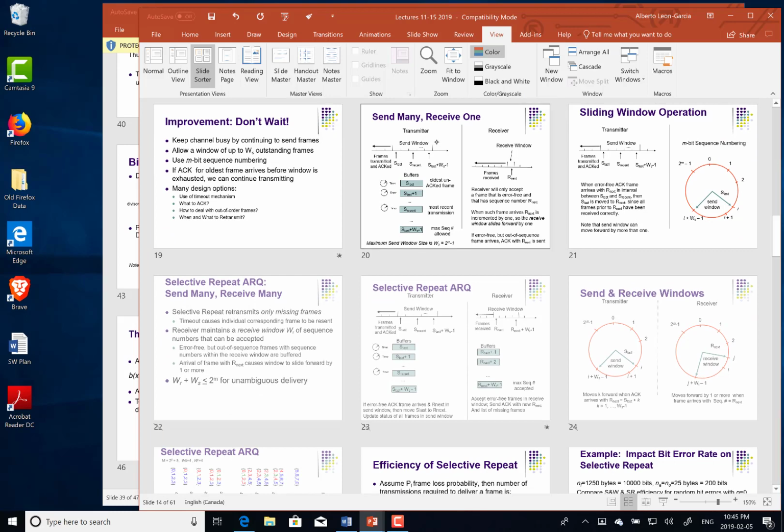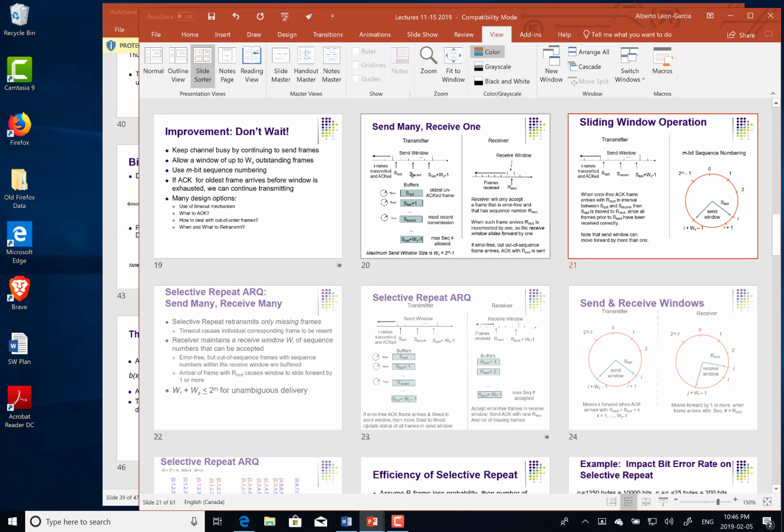And so what you have is a send window, a set of numbers that you're allowed to use, and this moves kind of like a wedge of a pie that slides forward as you get acknowledgments. When you get an acknowledgement, this guy says, okay, got this, this moves forward, and WS ahead of that also moves.